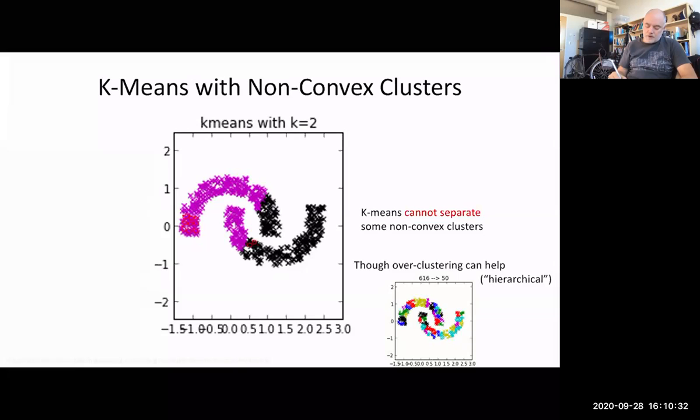If you over-cluster this, then you could hope that the cluster boundaries between all the little clusters actually produce a boundary here. Then there's another problem of how you link these little clusters in a way that actually separates the two clusters as you would wish them to be clustered.